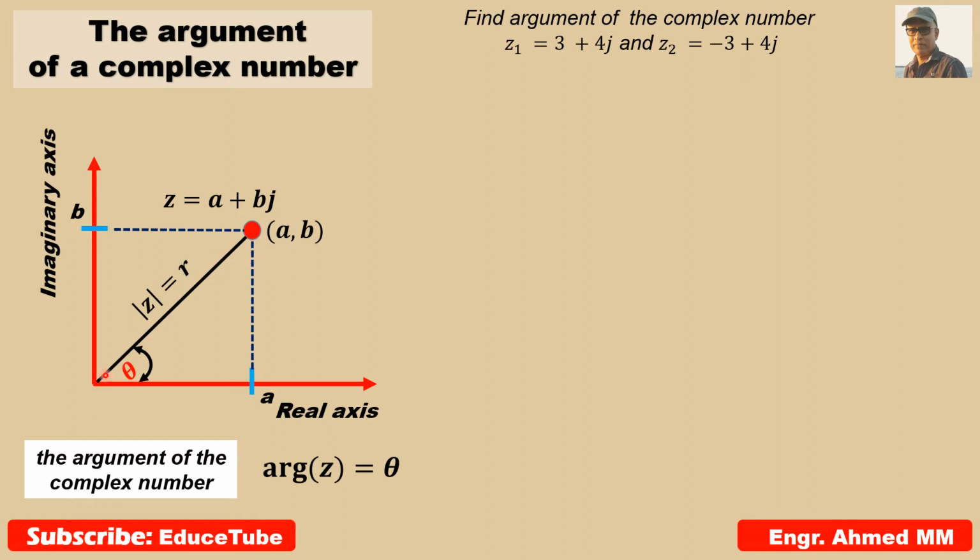Very clear. This value theta is the argument of this complex number. So I am taking two complex numbers here. Let's see how to find the argument.